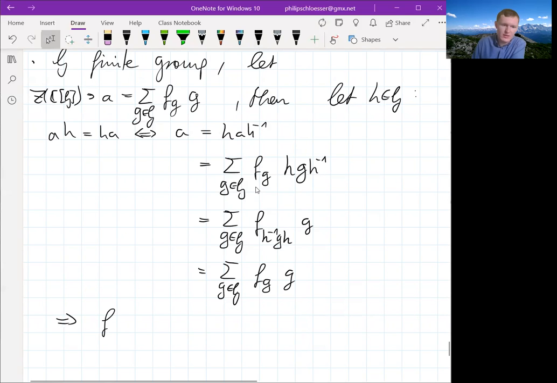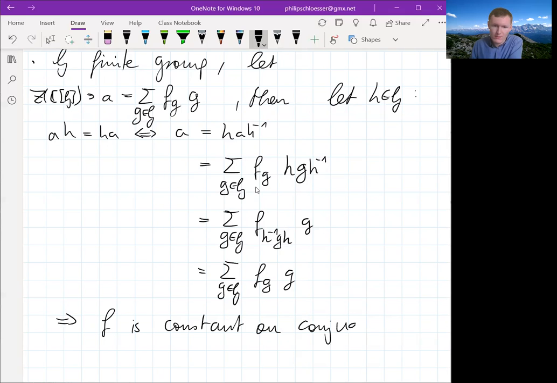So this shows that our coefficients, or I guess f, is constant on conjugation classes. In other words, f is a class function.